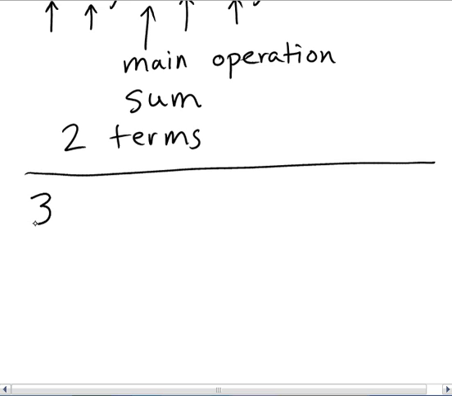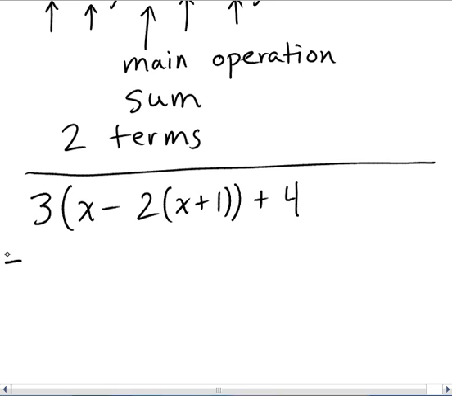Let's take a look at 3 times x minus 2 times x plus 1 plus 4. Now this is rather complicated, and we could actually simplify it, but let's leave it unsimplified and decide if it's a product or a sum. Okay, first thing I'll do is get rid of that subtraction in favor of an addition.